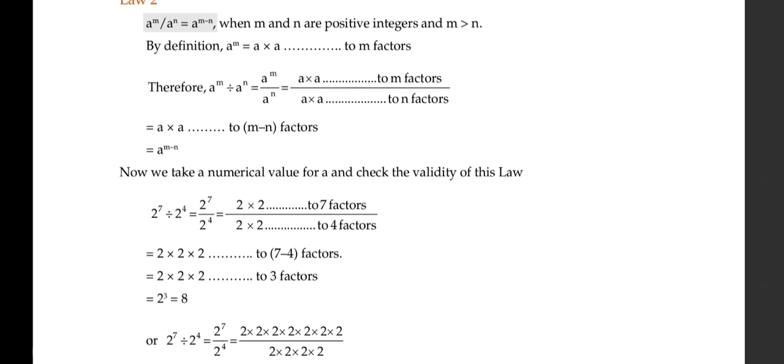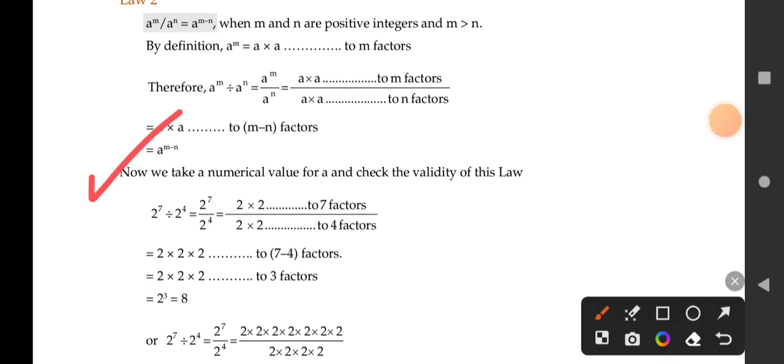Now we take some numerical and check the validity of this law. I have already taught you the validity. Suppose 2 power 7 divided by 2 power 4. In the numerator, 2 7 times, and in the denominator 2 4 times.